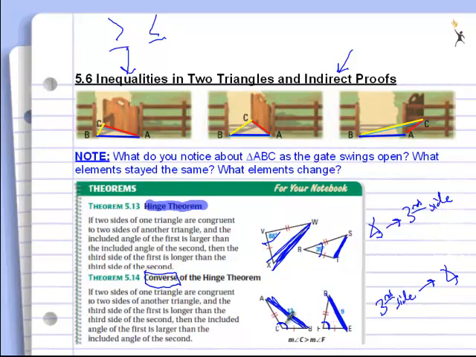See how they wrote angle C is greater than angle F. Here we could write an inequality that says WX is greater than ST based on their comment.